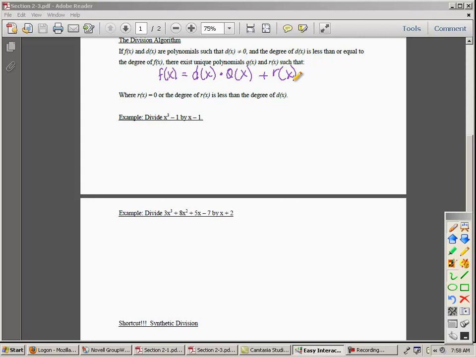Let me put it in terms of words of what we've already done. F is our dividend, so it's our long polynomial that we divided our divisor into. When we divided the divisor out, we got a quotient and a remainder.